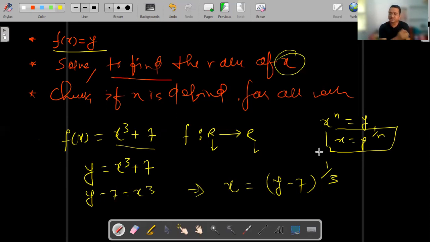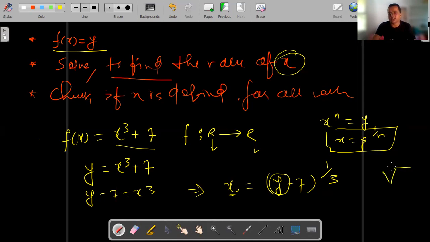Now the second step is clear. The third step is to check if x is defined for all values of y or not. If you put a real number here, can you get a real number? Definitely yes. Whatever value of y you put, even a negative value, you will get a real number, because the cube root of a negative number is possible.